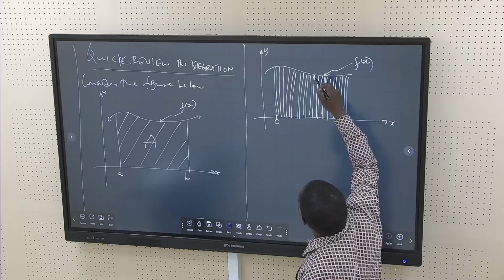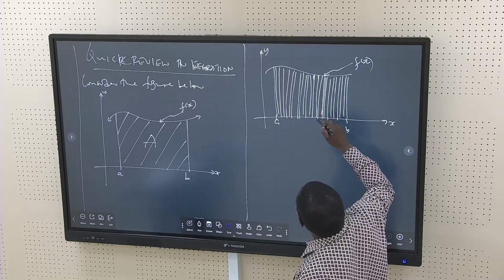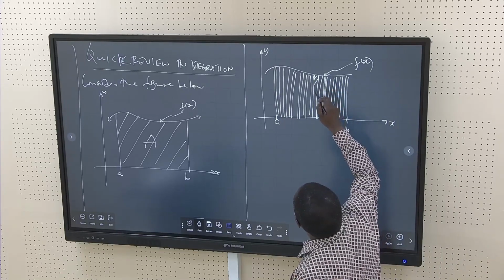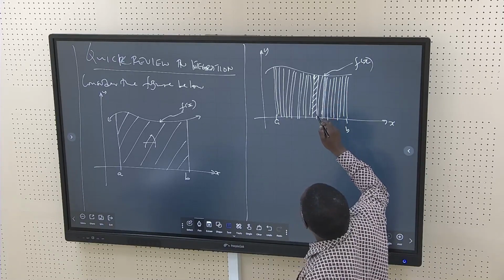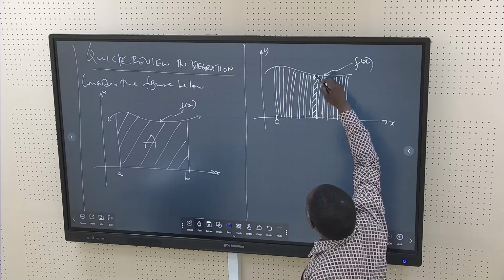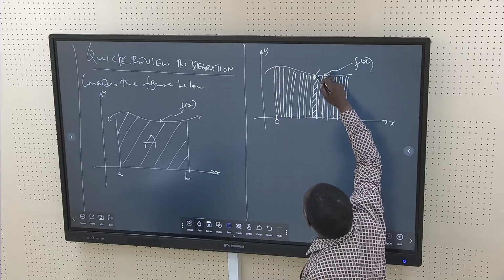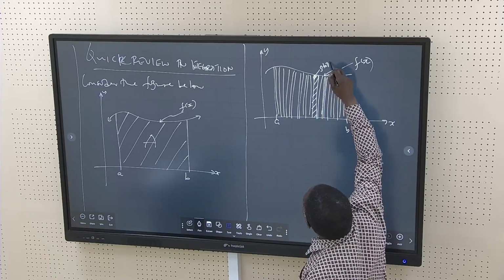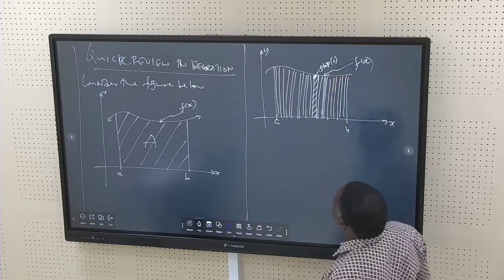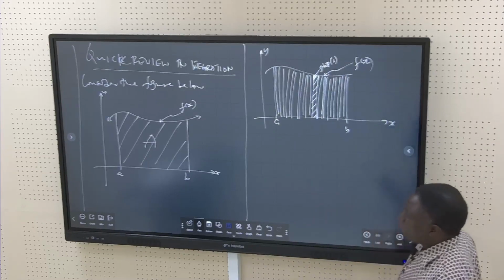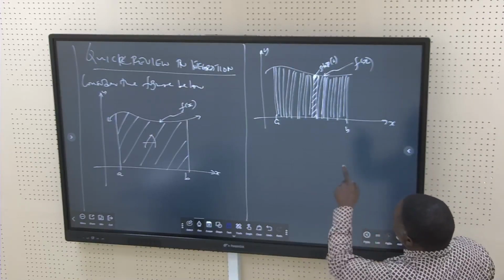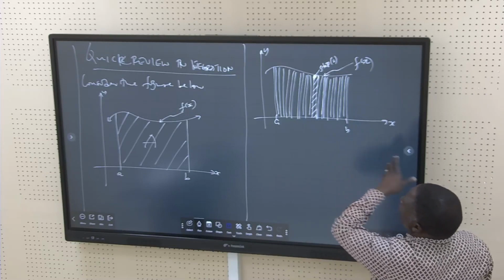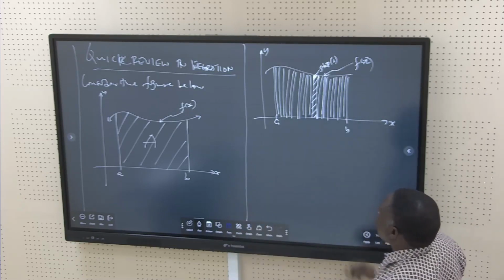Say we deal with this strip, strip i. This strip i is very, very small. We want to find the area of one strip, then multiply by the total number of strips.